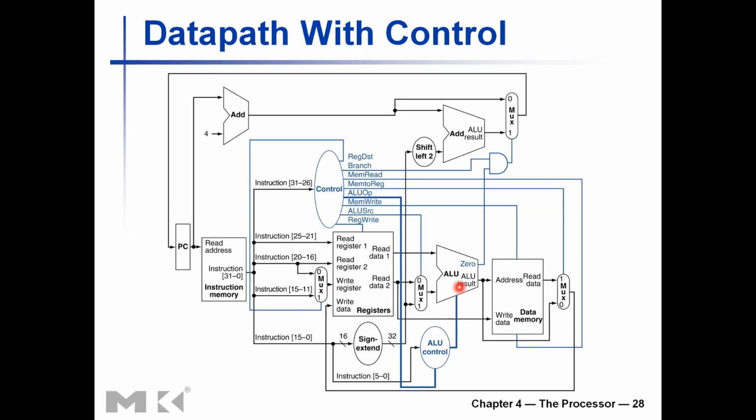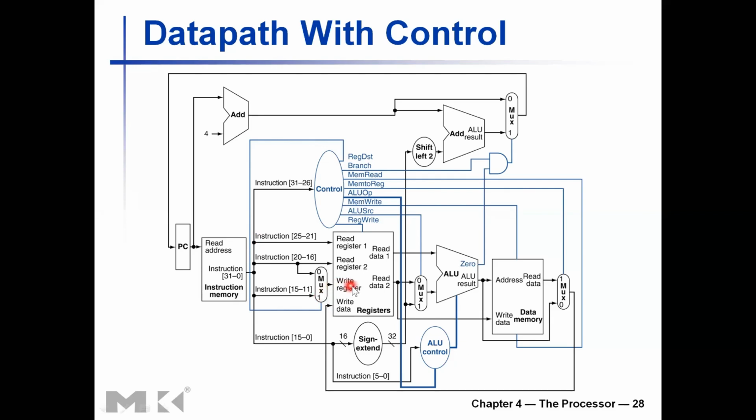So that is one example of controlling the ALU. And you can see there are a lot of other signals generated by the control unit. For example, this RegDst or register destination, that is generated by the control unit and sent to this multiplexer here. So what is the purpose of doing it?